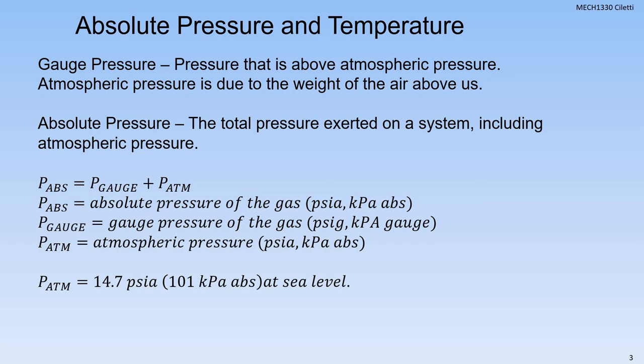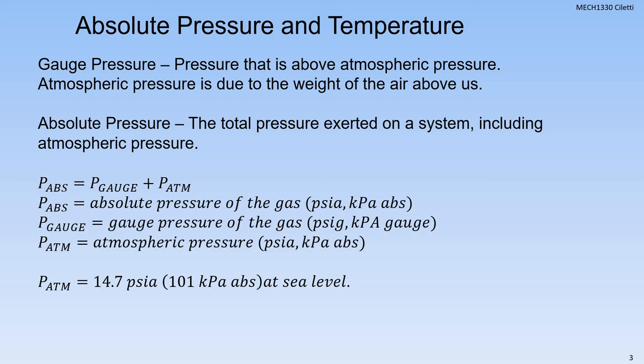But atmospheric pressure, that's the weight of the air above us as we stand. The entire atmosphere is sitting on us. Kind of like if you start diving in the ocean, you have the weight of the ocean on top of you as well. So atmospheric pressure is going to vary, whether we're at sea level or up at the top of a mountain, because atmospheric pressure is going to change.